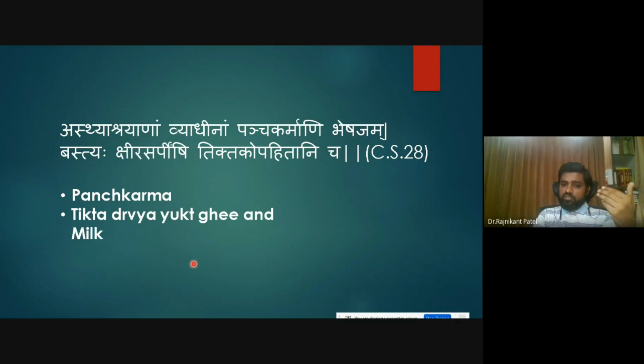Either we should give panchtikta ghee for oral use, or we can give matra basti with panchtikta ghee or classical karma yoga kala basti which contains the tikta rasa dravya. So these are the basic principles on which we should treat this disease.